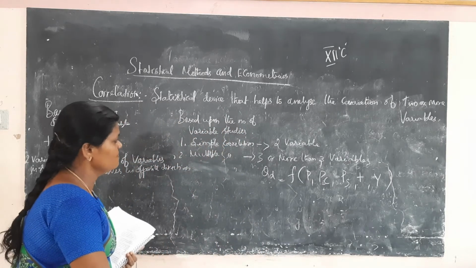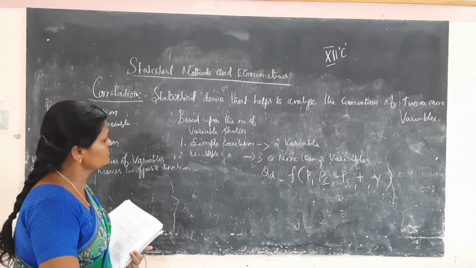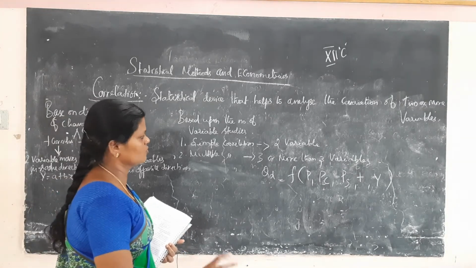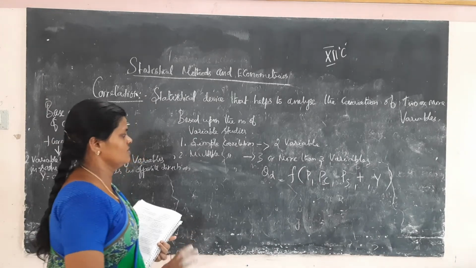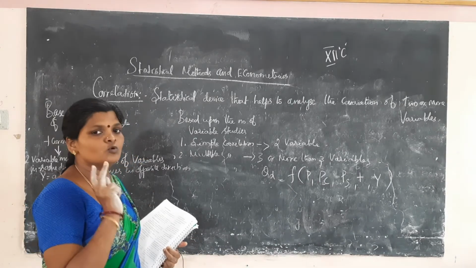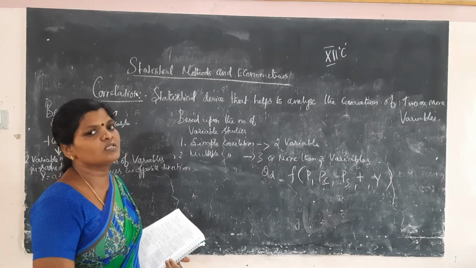These are all the different types of variables taken for study to get the statistics about the product. First one, simple correlation: if we study two variables, it is simple correlation. Multiple means three or more than three variables.